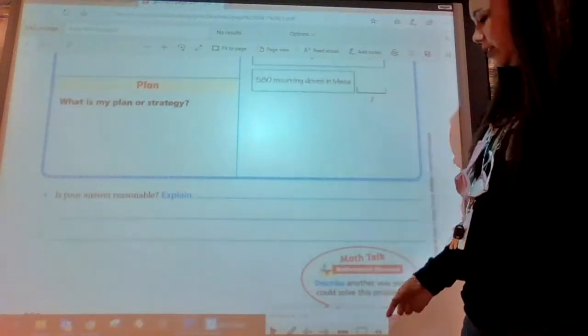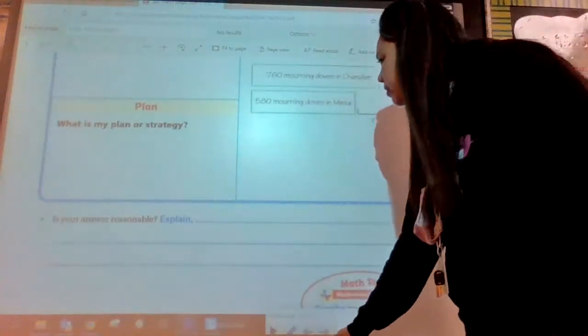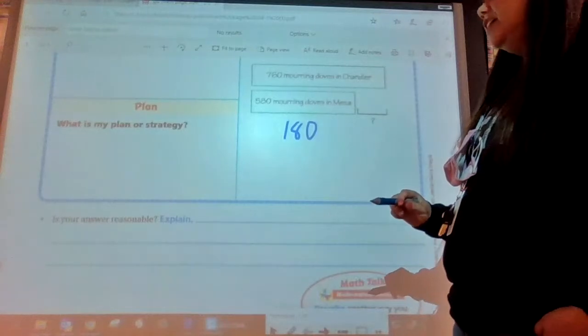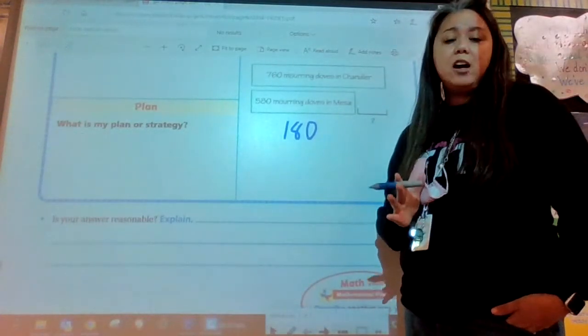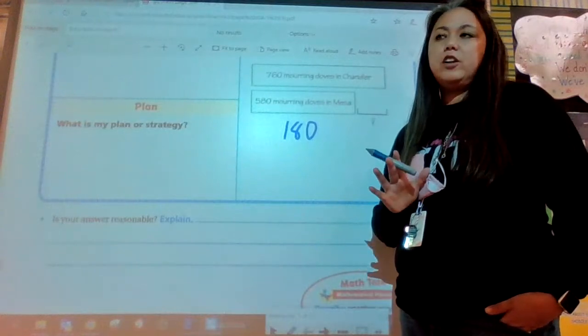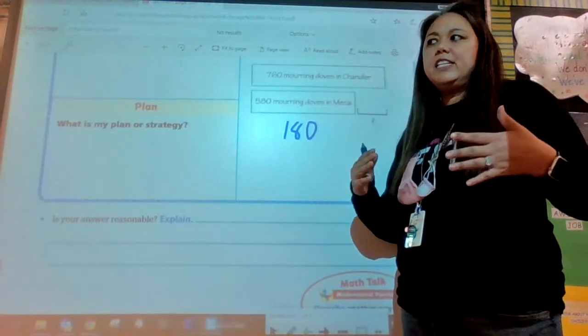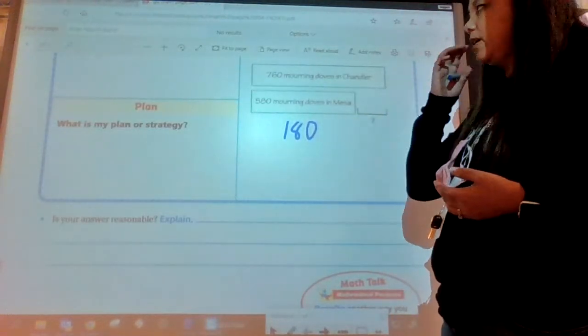It says, our answer was 180. And it says, is our answer reasonable? Well, if we say how many more or how many less, we know that we are subtracting. And we're trying to find that difference in between. But I've got to see, is this a reasonable amount?